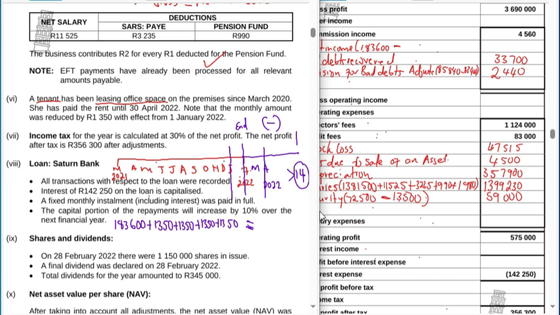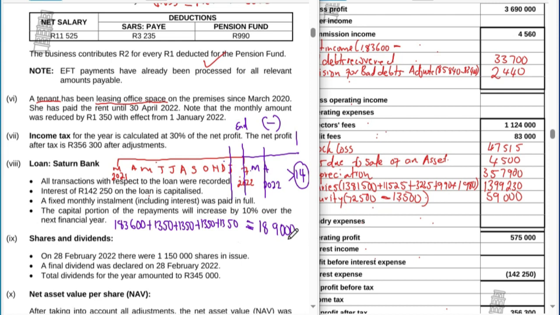We'll say 183,600 plus 1,350 plus 1,350 plus again 1,350 plus the last 1,350. It's for 4 months. And then the amount for all those 14 months before the decrease, it's how much?